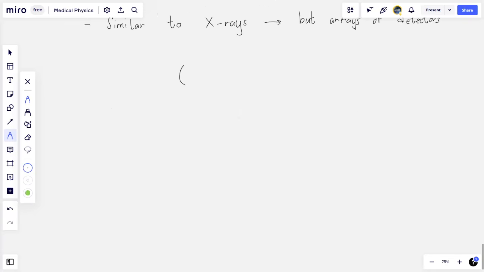We have an X-ray source, the same source of X-rays we used before, maybe slightly more complicated. We have our patient. Don't question my drawing skills, just accept it. And we have our array of detectors. I'll just make it seem like they're actually an array. And so this is the array of detectors.